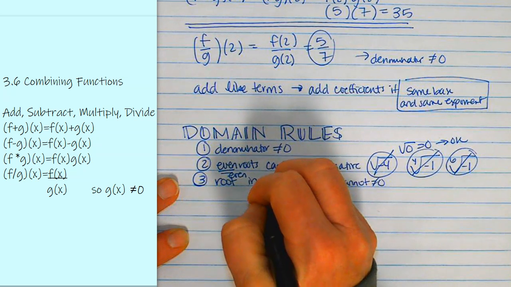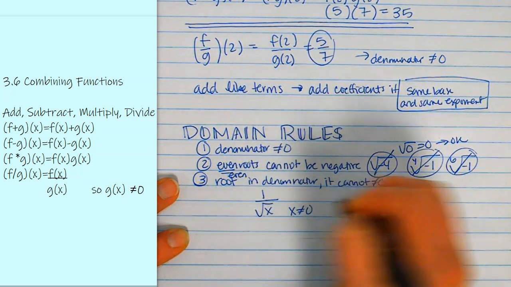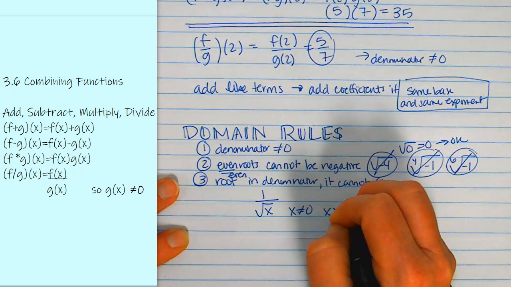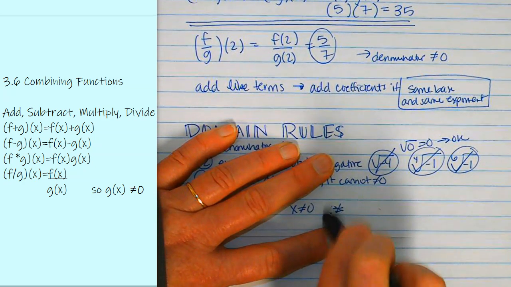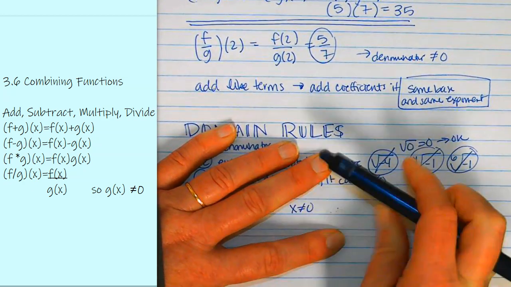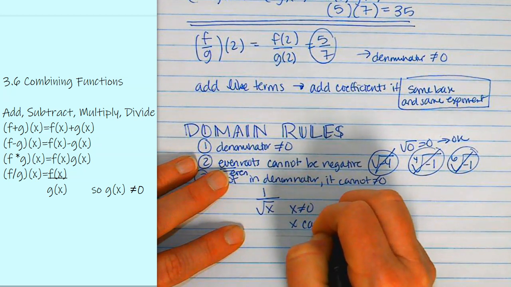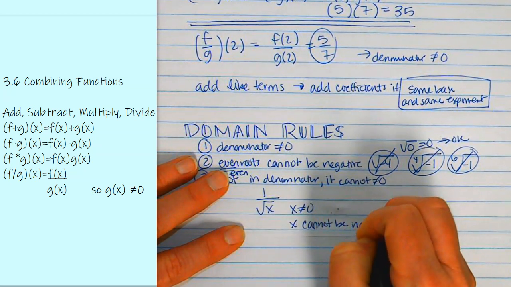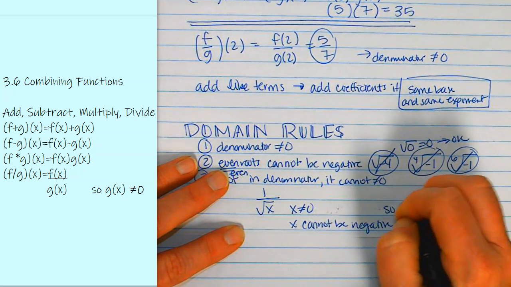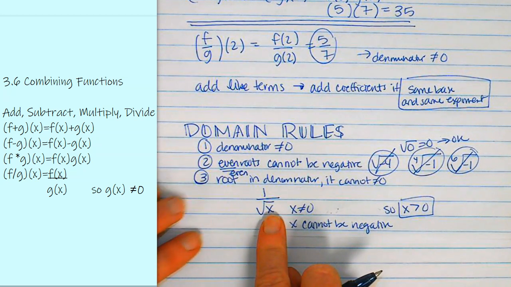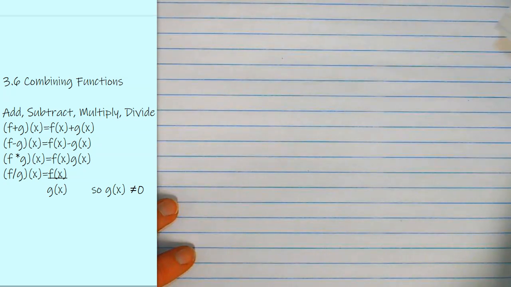So in the third rule, if you had 1 over the square root of x, x cannot be 0, and x cannot be negative. What does that leave? x must be greater than 0 for this particular example. All right, so domain rules. We're going to need that as we look forward to these problems.